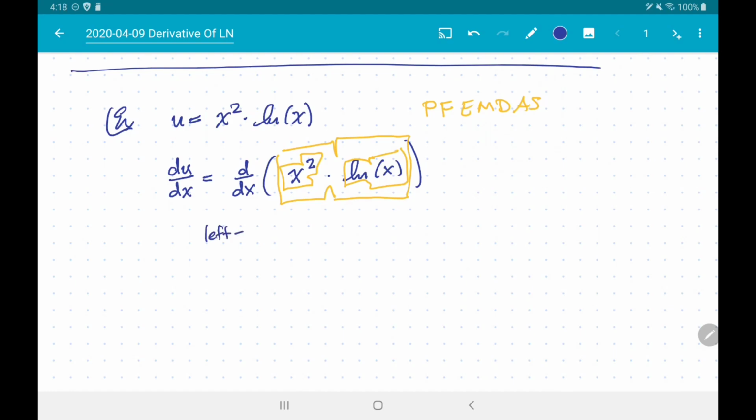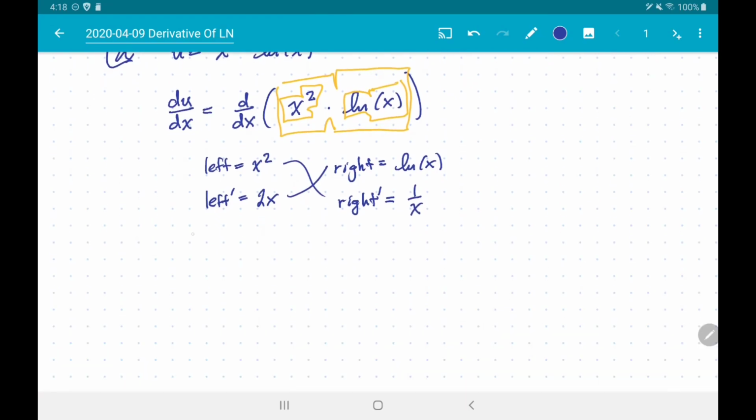Okay, the left is x squared. The derivative of the left is 2x. The right is ln of x. Now this is something we just covered. What is the derivative of ln of x? 1 over x. Now we need to use the product rule to put all of that back together.